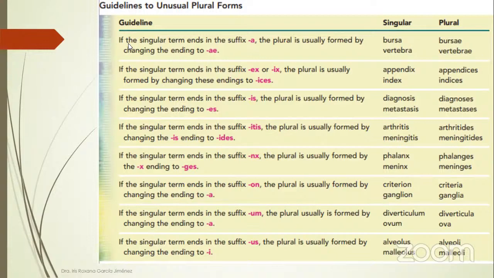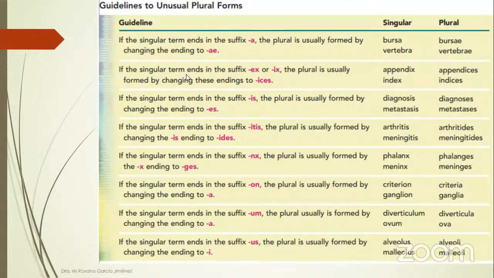For example, if the singular term ends in the suffix a, the plural is usually formed by changing the ending to ae. For example, bursa, bursae. The pronunciation is the same. The writing way is the difference. Vertebra to vertebrae, right? Another one.